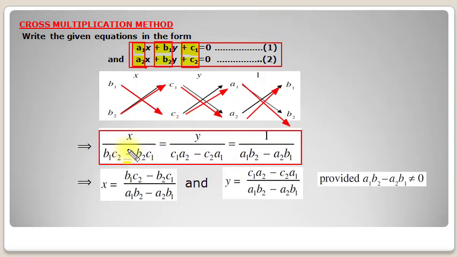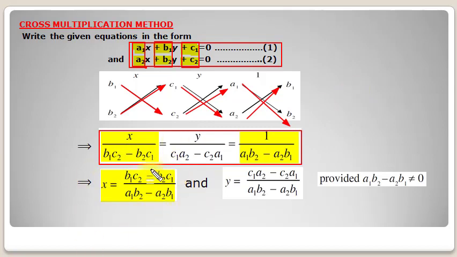Since all three things are equal to one another, we will first take x thing equal to the 1 thing, and we will get x equals b1 c2 minus b2 c1 upon a1 b2 minus a2 b1. We are putting this thing equal to this thing, and then we transpose b1 c2 minus b2 c1 to the RHS.